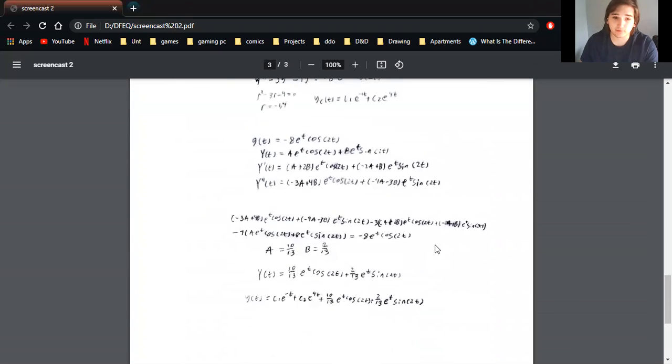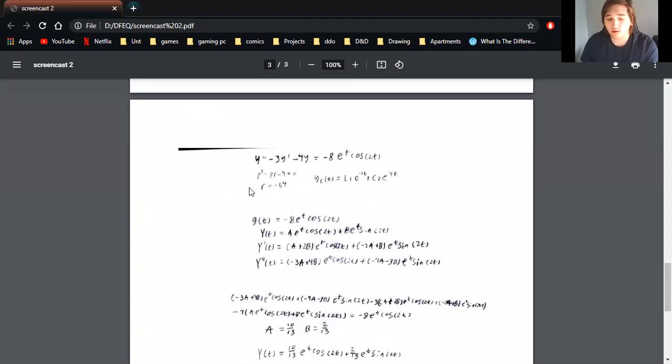Like in the next example, it's the same y double prime minus 3y prime minus 4y, so the roots and general solution will be all the same. But for our g, we have negative 8 times e to the power t cosine of 2t. In order to solve that, we will combine the two. So instead of just a cosine of 2t, it's ae to the power t cosine 2t plus be to the power t sine of 2t.